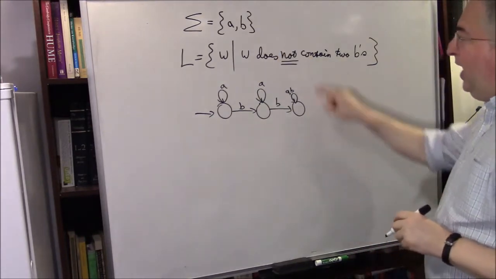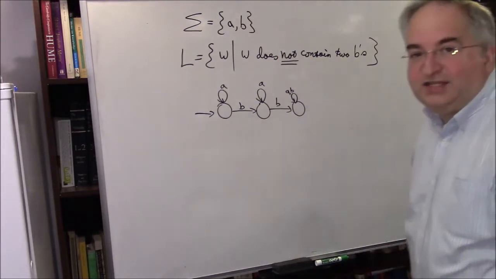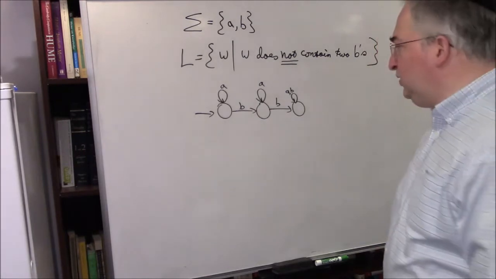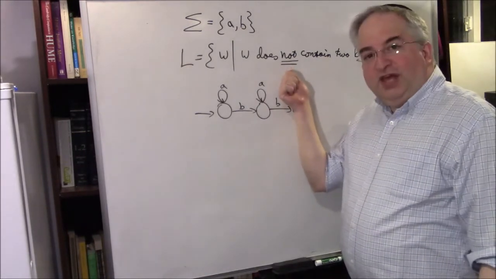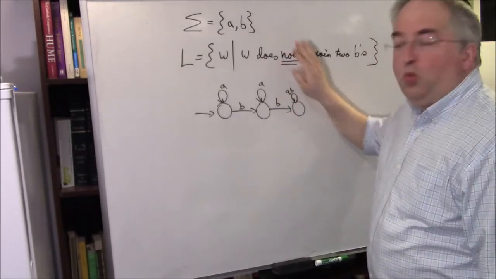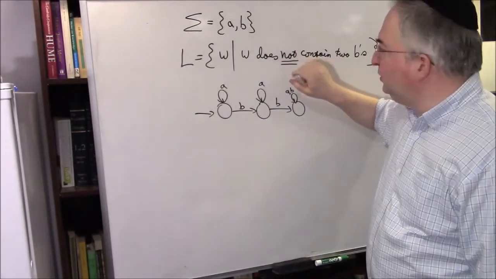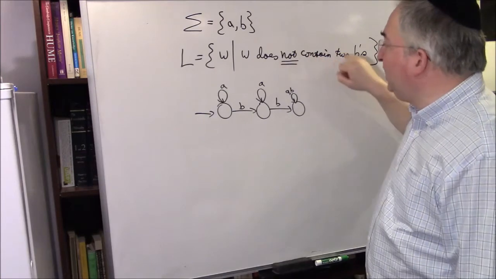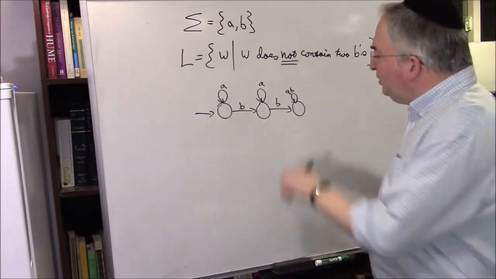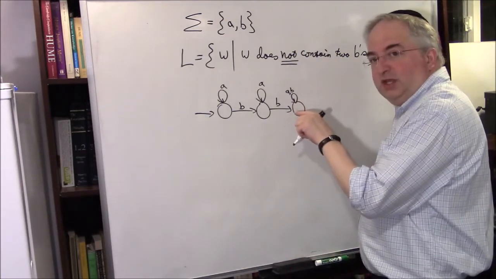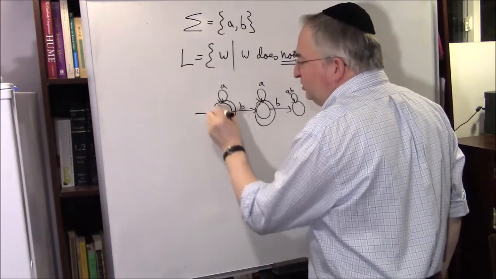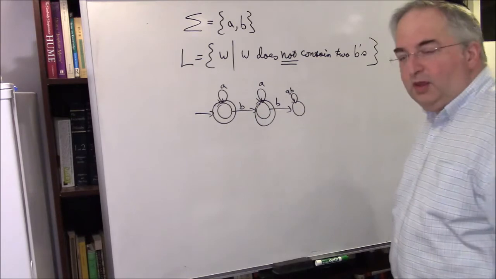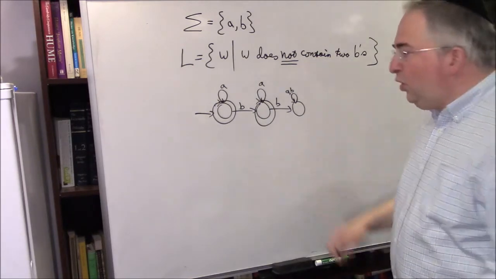Okay, but now we want does not contain 2 B's. And so what we do is we say as follows. Look, anything that did contain 2 B's, we don't want that accepted. So we want those things that do not contain 2 B's. So this will no longer be an accepting state. In contrast, this will be an accepting state. This will be an accepting state. Okay? So what we did was we swap.